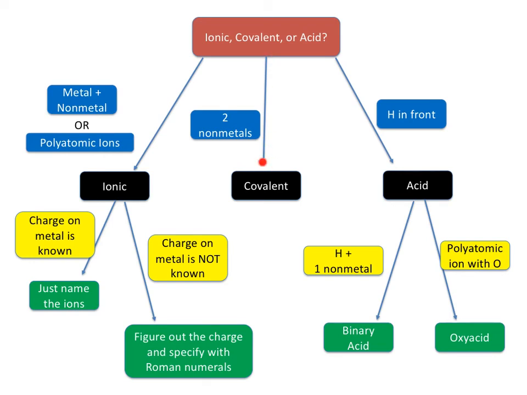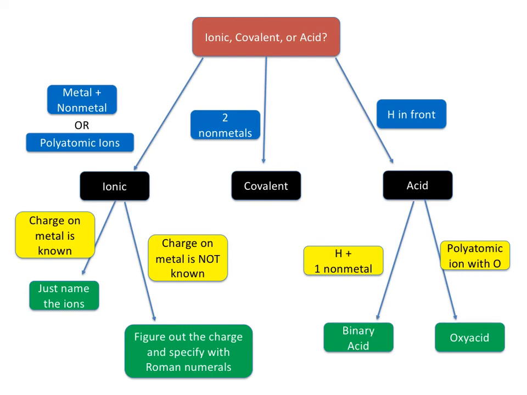If it's covalent, it's pretty easy. As you're going to see, we just use prefixes to say how many of each atom there are, and we're done. And then if we have acids, there are two types of acids: binary acids and oxyacids. A binary acid is just a hydrogen plus one other nonmetal, and in that case, we use the rules for naming binary acids.